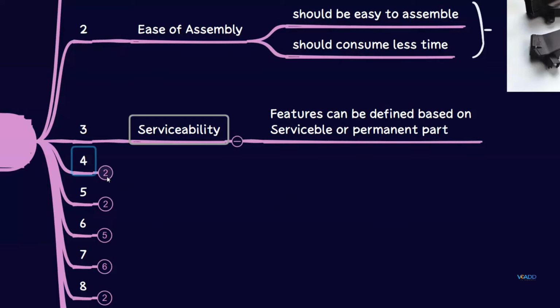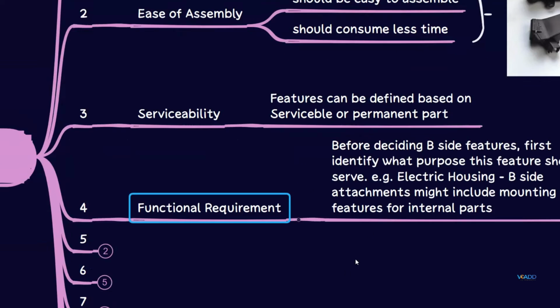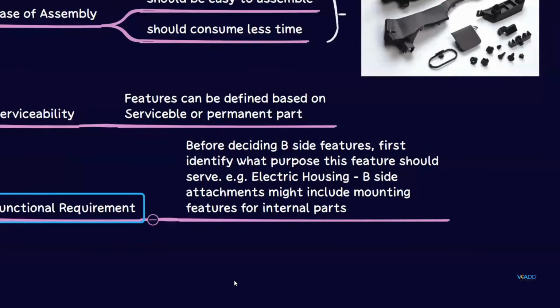Okay, next factor is functional requirement. Before deciding the B-side features, first identify what purpose this feature should serve. For example, for an electrical housing or small electrical parts, B-side attachments might include mounting features for internal parts.